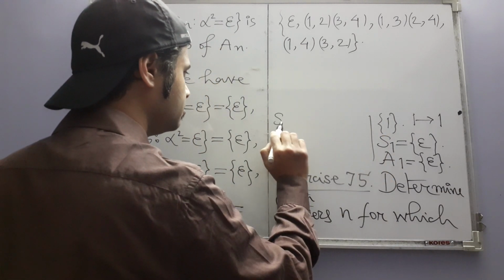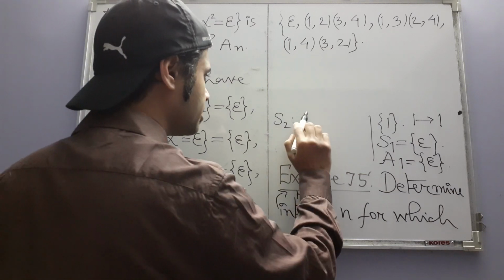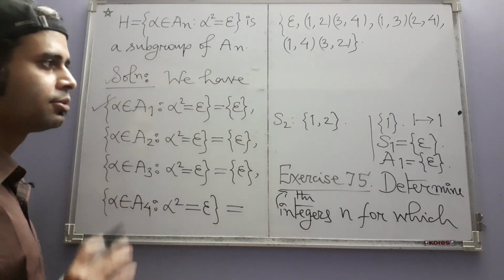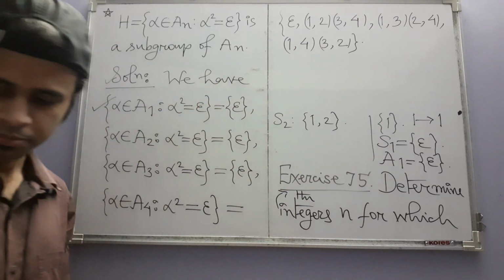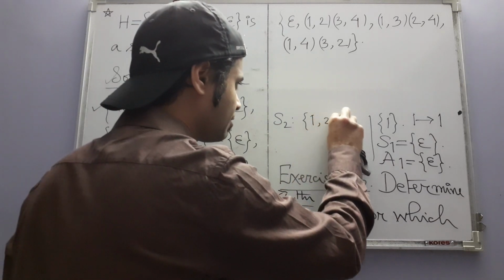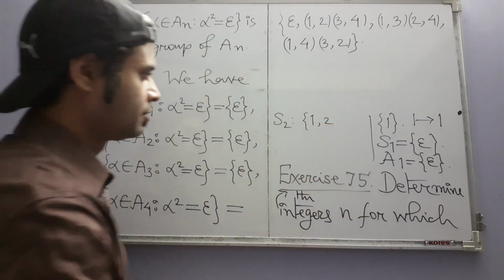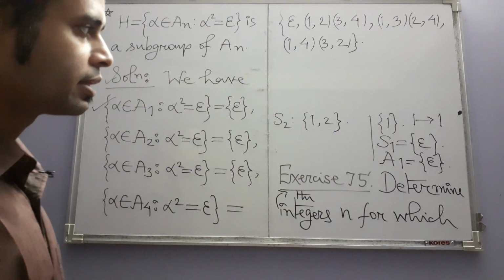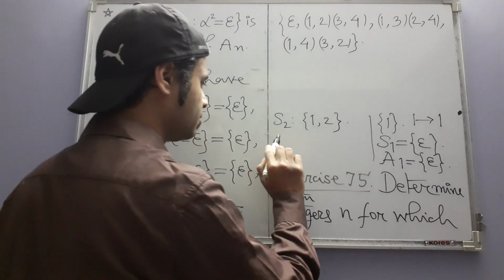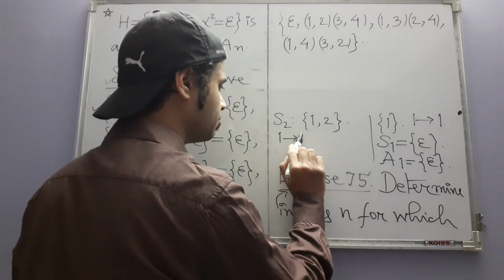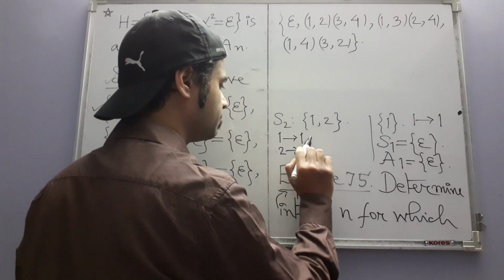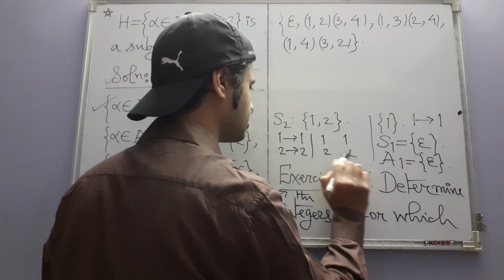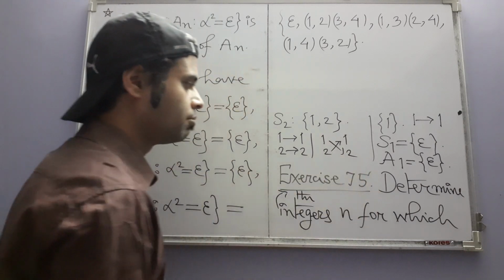What about S_2? S_2 is the set of permutations of these two symbols 1 and 2. Now here there are two permutations. One of them is the identity, which sends 1 to 1 and 2 to 2, and the other one sends 1 to 2 and 2 to 1.